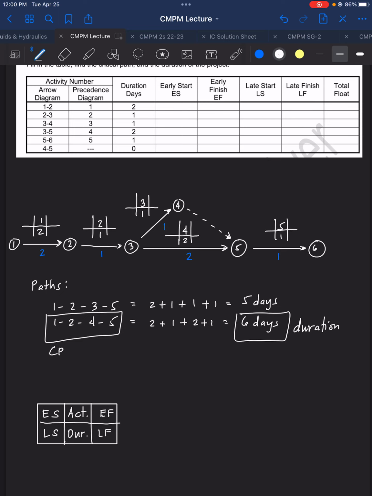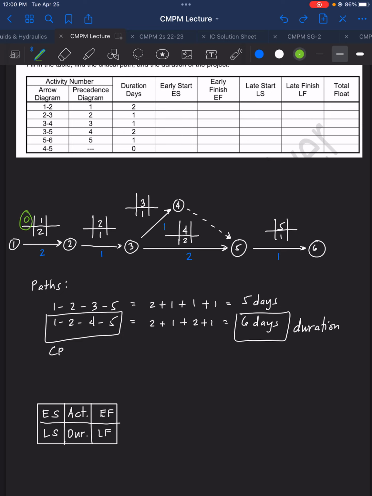As for the earliest start, for activity 1 that will be 0 because there's no activity prior to the start. What is 0 plus the duration? 2.